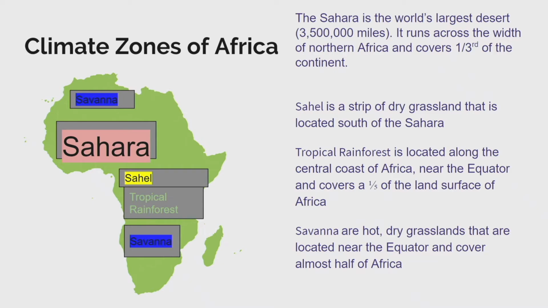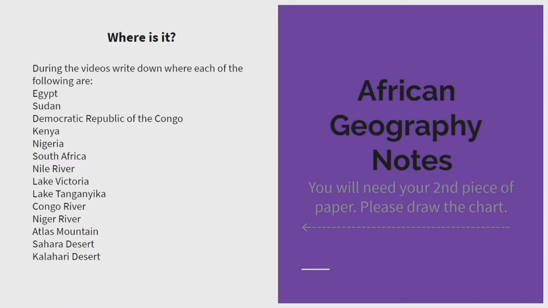All right, moving forward. Our next section is going to be called, Where Is It? To do this sheet, you're going to need your second sheet of paper. You are going to write down the titles of these areas.